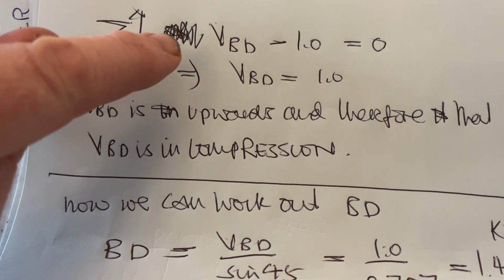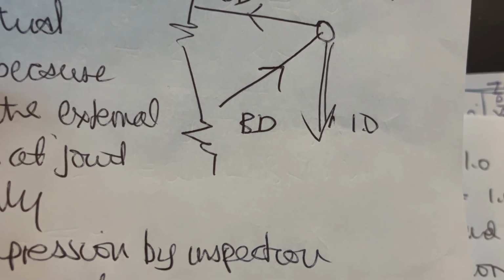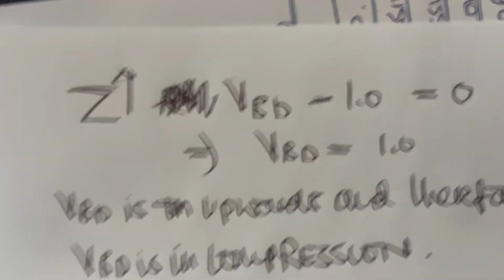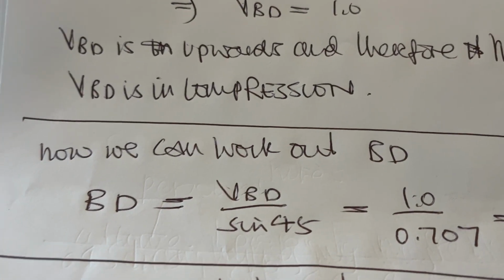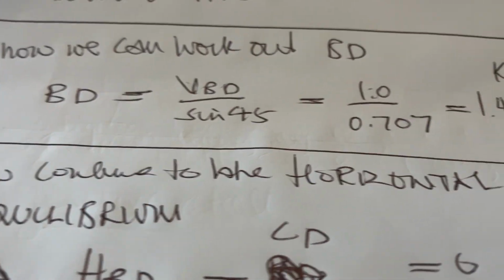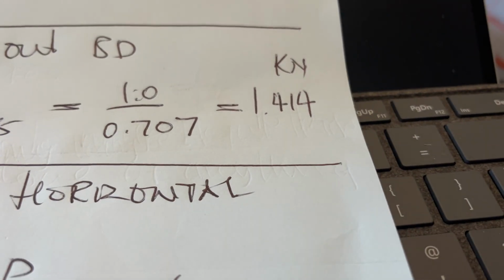Vertical equilibrium, VBD minus 1 equals 0. This is at joint D again. VBD minus 1 equals 0. BD is upwards and therefore BD is in compression. Now we can work out BD. BD equals VBD over sine 45 equals 1 over 0.707 equals 1.41 kilonewtons.